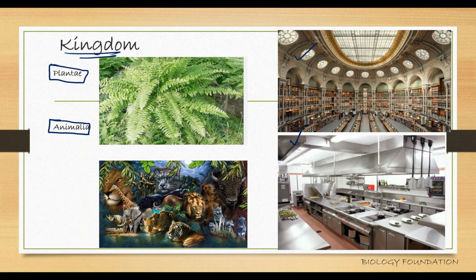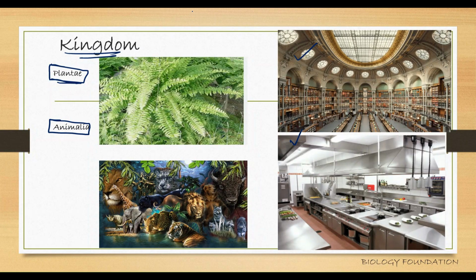So in the same way, a kingdom can be like a library, or a kitchen. Now, Plantae: what is Plantae? It's a kingdom with all plants in it. Animalia is a kingdom with all animals in it. Just like a library is a place filled with books and a kitchen is a place filled with food items, Animalia is that kingdom which takes into account all living organisms which are animals, whereas Plantae groups all plants into it.